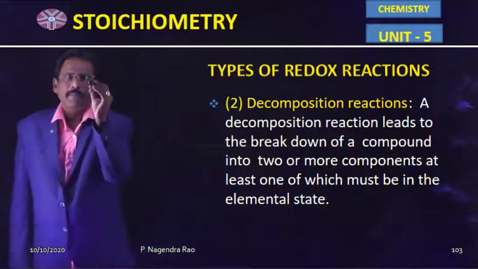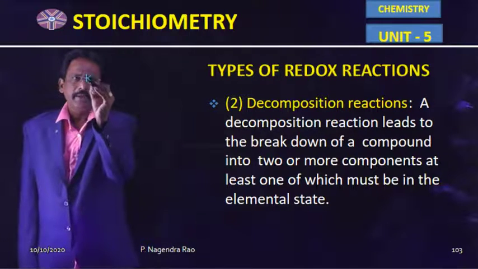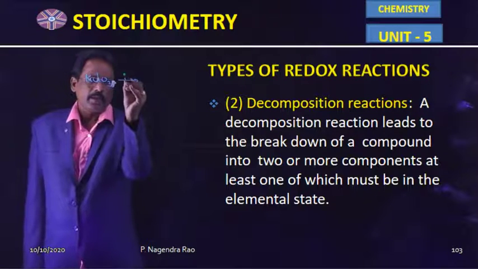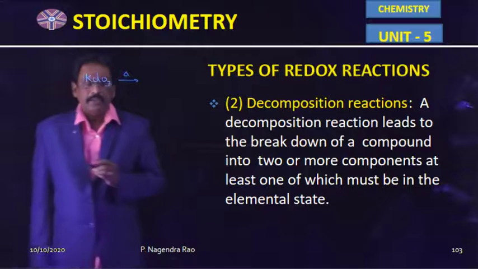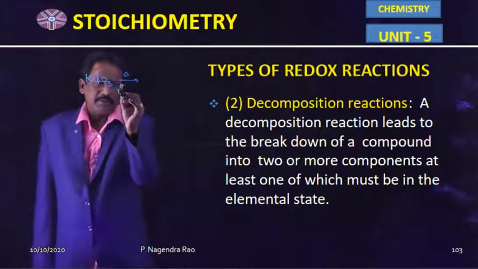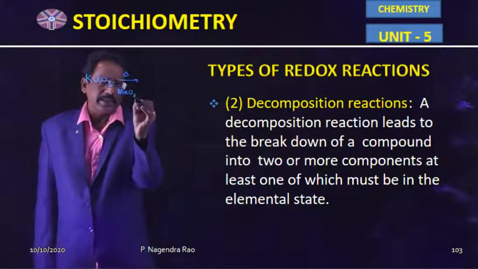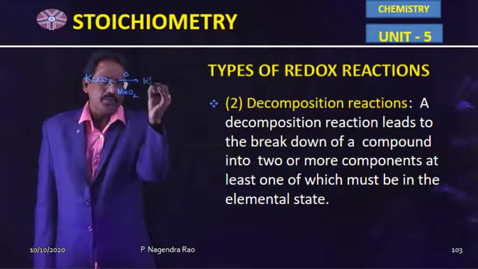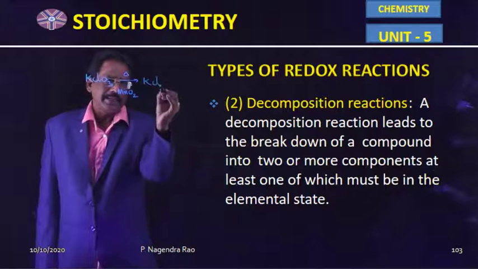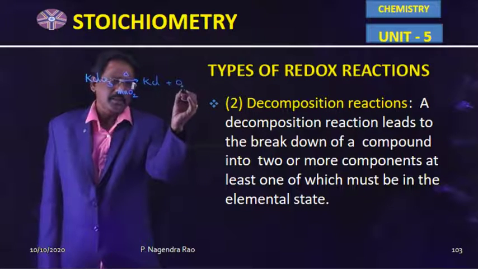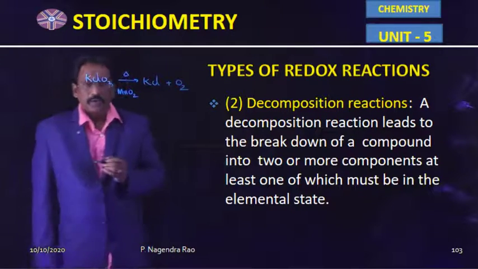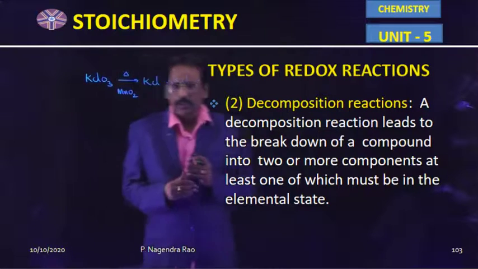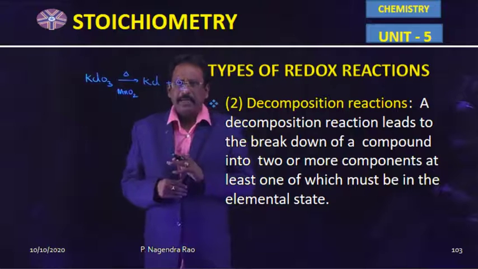For example, on heating potassium chlorate in the presence of manganese dioxide catalyst, it dissociates into KCl plus O2. That means this is just opposite to a chemical combination reaction.